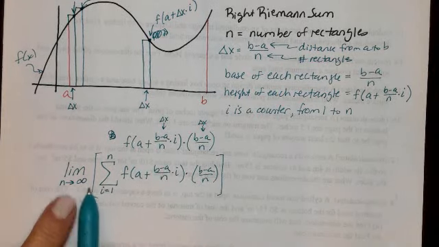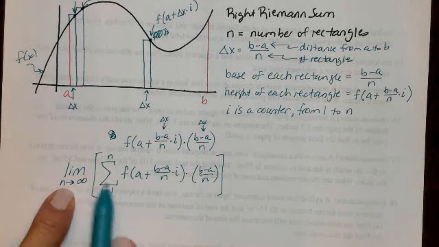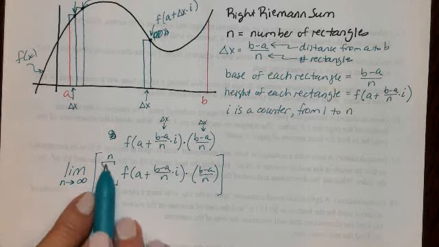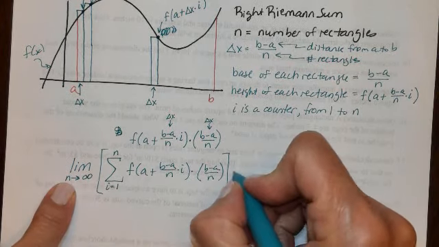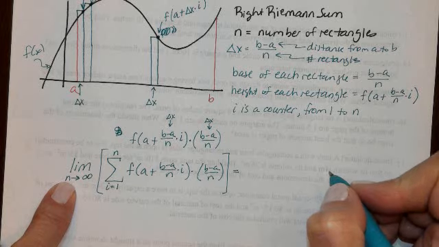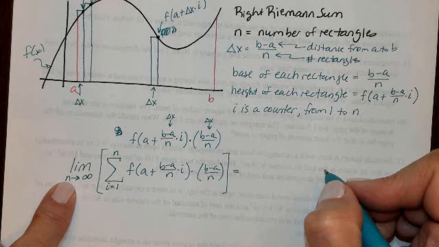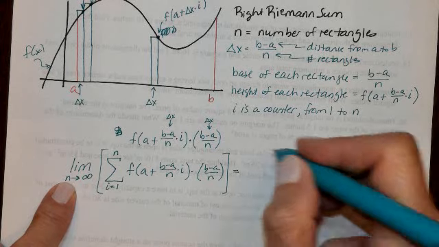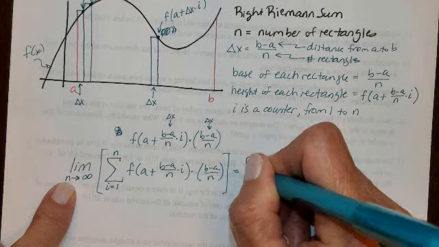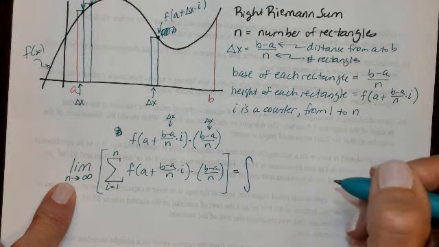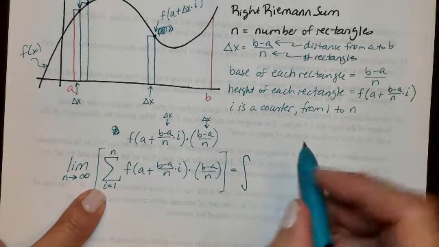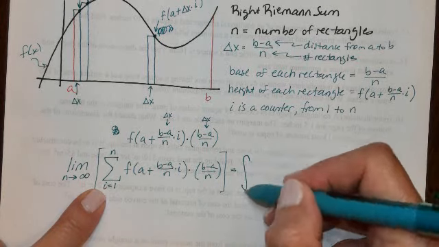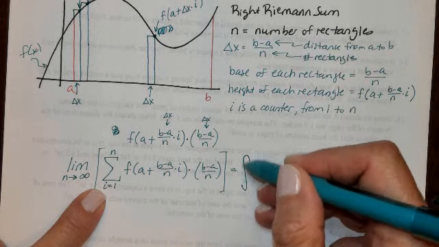All right. Now, this limit of this sum, the limit as n goes to infinity of this sum, we get this notation from Gottfried Leibniz. This is our integral. The limit as n goes to infinity of a sum. I told you when we first took a look at this symbol that this means sum.